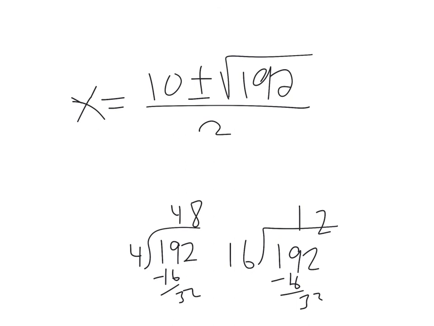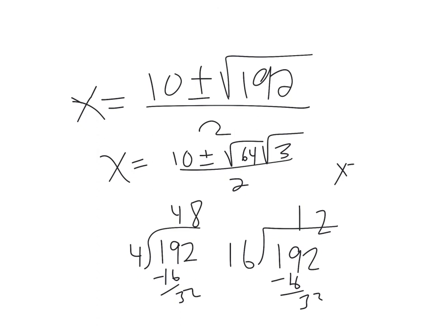There's another 4 that goes in there. This is going to be 64 times 3. Wow. We can really simplify this now. 10 plus or minus the square root of 64 times 3. So x equals 10 plus or minus 8 root 3 over 2.